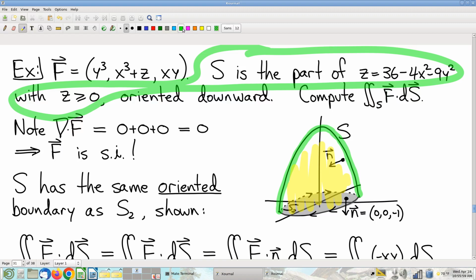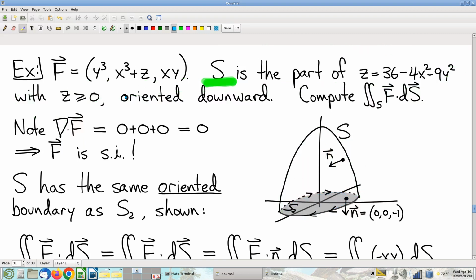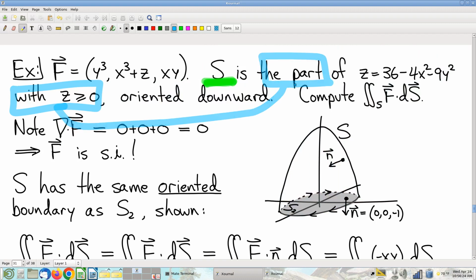The surface S is described unambiguously as part of the paraboloid. This thing down here is not part of the paraboloid. That blue surface at the bottom is not part of the paraboloid. It just isn't. This whole thing over here is just a clarification of which part we're talking about.